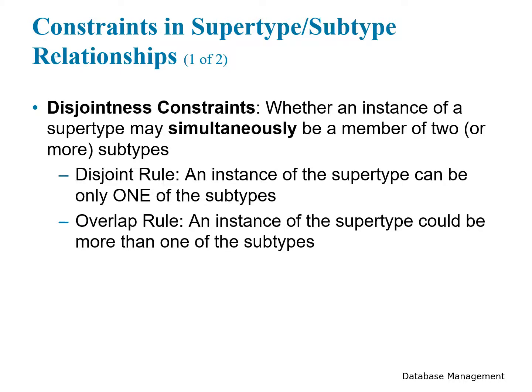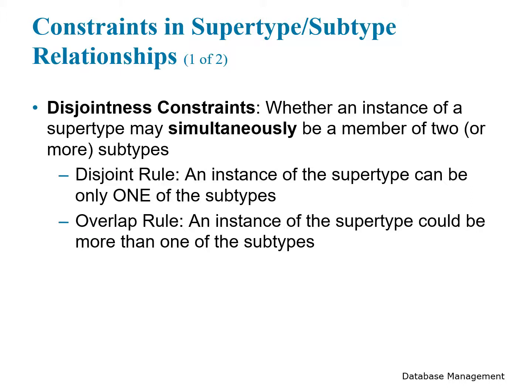There are two types of constraint in supertype-subtype relationship. One is called the completeness constraint, and indicates whether there must be an explicit subtype for each possible instance of the supertype.